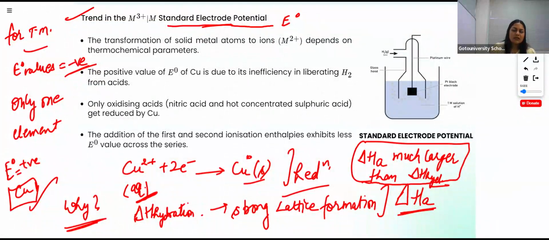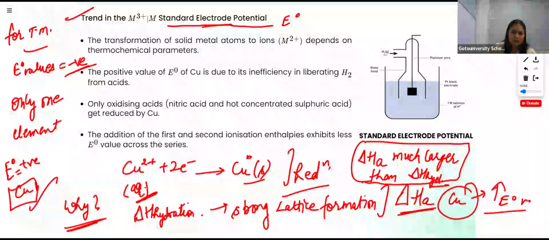That means its enthalpy of atomization is much larger than the enthalpy of hydration, which is why copper shows a higher electrode potential value. Understood? This is a very important point.